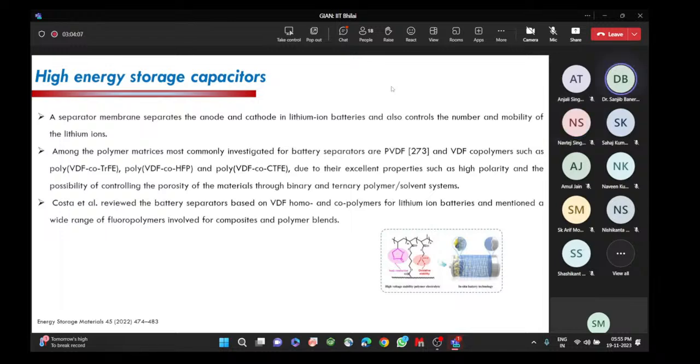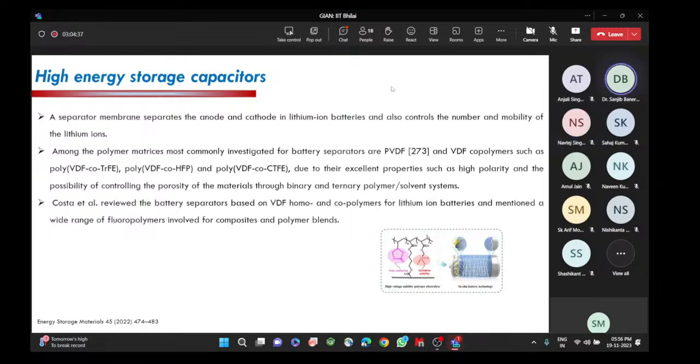Okay, fine. So do you have any idea what high energy storage capacitors are? Navtej, can you think of something? The capacitors which would have high capacitance, which could store a large amount of energy and charges for an appreciable amount of time without any leakage.